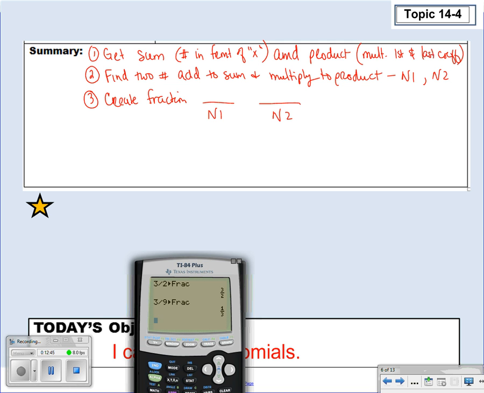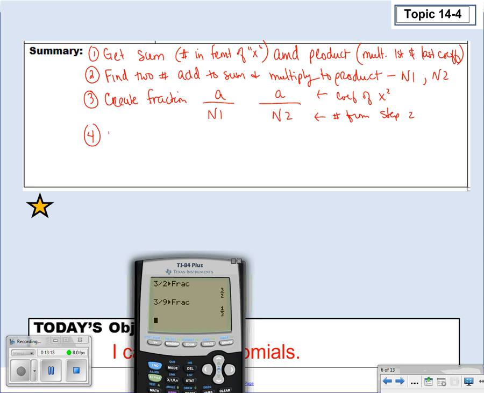And then our numerators, so our bottoms are the numbers from step 2. The numerators, the top, was the coefficient of x squared, also known as a if we're looking at ax squared plus bx plus c.